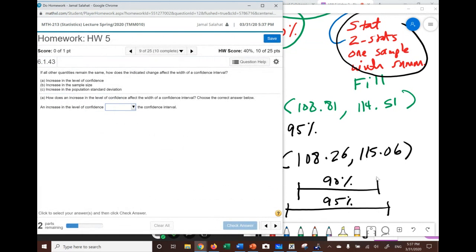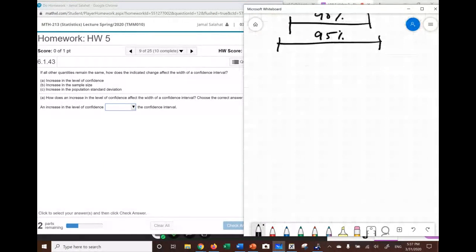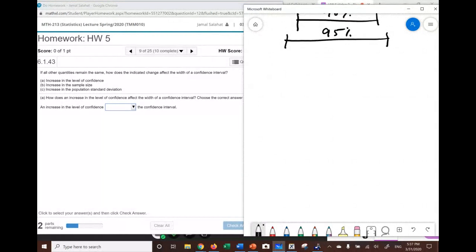Now, let's look at the second one, which is number 9 in this case. In number 9, it says, if all other quantities remain the same, how does the indicated change affect the width of the confidence interval? Now, what will happen if we increase the level of confidence?